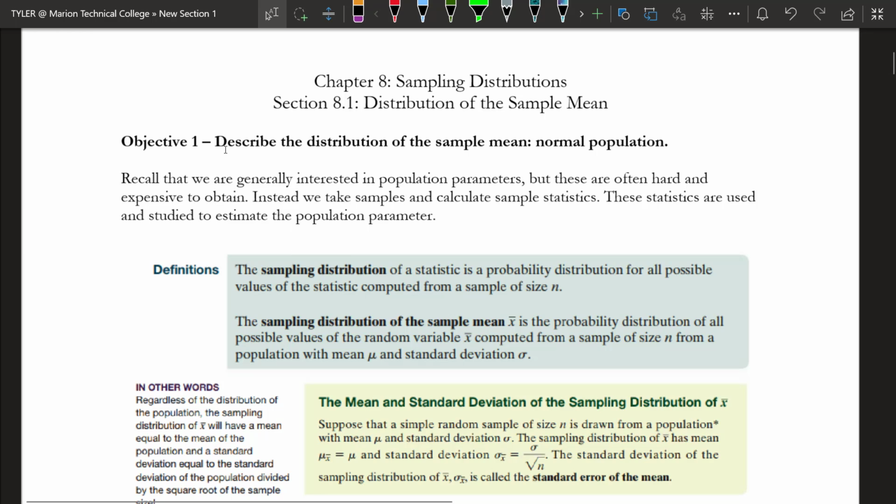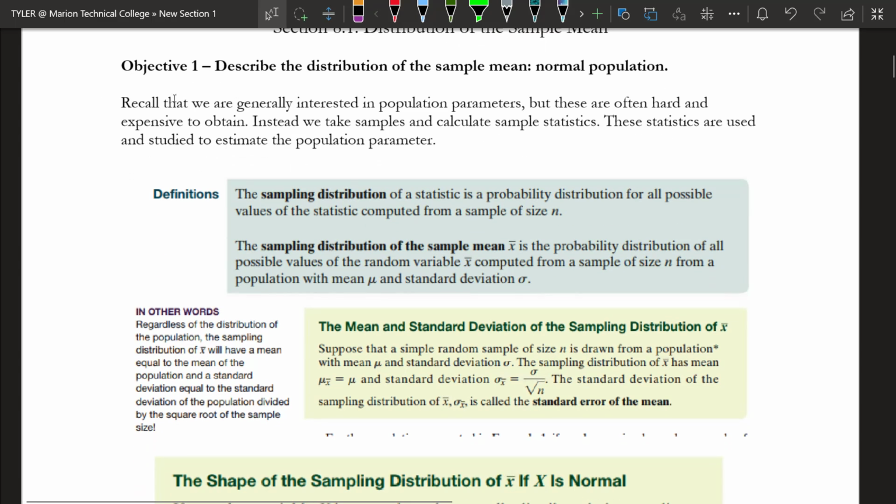So I have just a quick recap. We want to recall that we're generally interested in population parameters, but these are often difficult, impossible, or expensive to obtain, right?